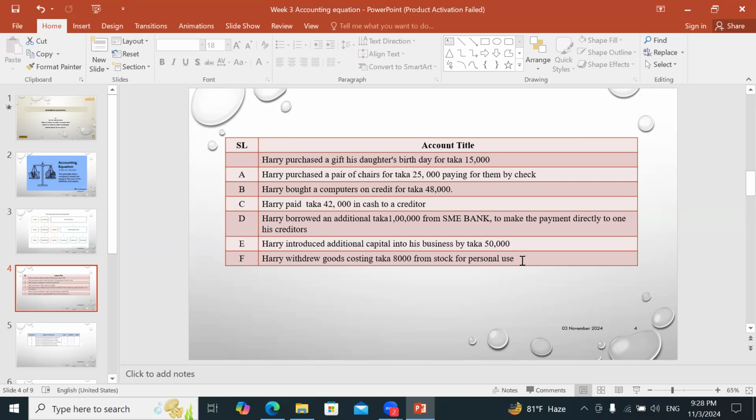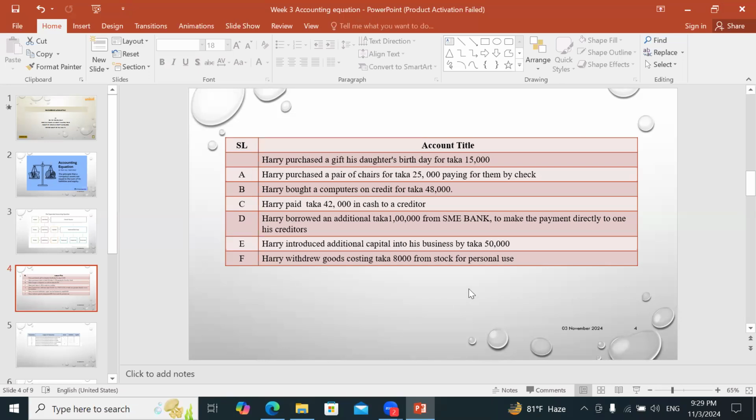So it is a withdrawal, and cash already decreases. Cash decreases, and drawing increases. In the primary stage I tried to tell the three items involved with retained earning: revenue, expense, and drawings.